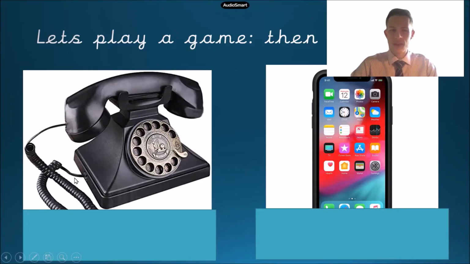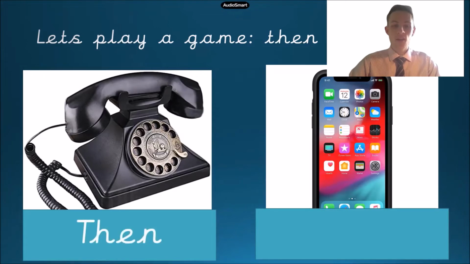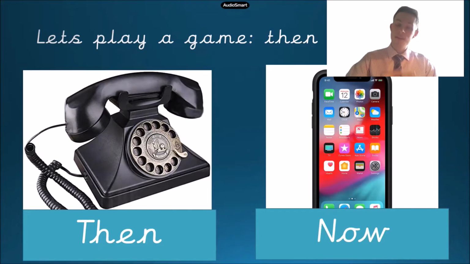I think that this might be an old phone and this is a new phone. So if this one is old and this one is new, which one is going to be then and which one's going to be now? Have you had a think? Let's see whether you're right. Then would be the old phone and now would be the new phone, because back then they used to use old cord phones and now we use phones like this, like an iPhone.